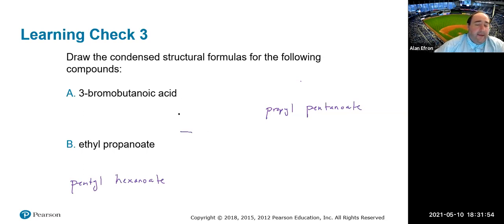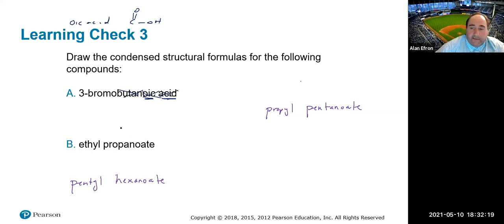Okay, so again, remember, like any organic stuff, when we go to draw it, we want to make sure you work backwards. Obviously here we see oic acid, and when we see that, that should scream carboxylic acid, which means I should have this functional group there. Butane is the back part of the name.